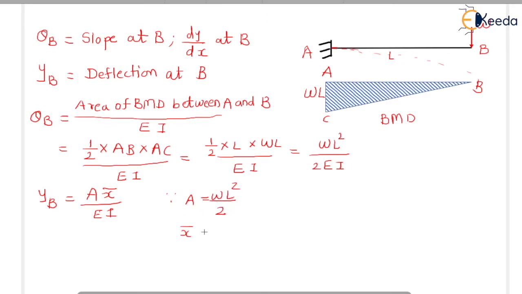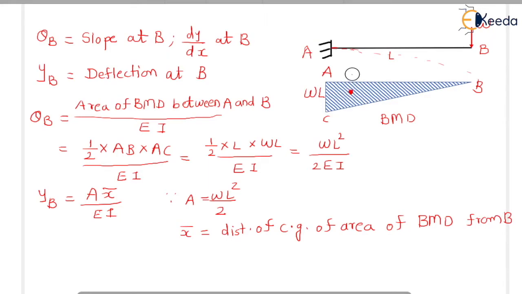What is the CG distance? It is the distance of the center of gravity of the area of the bending moment diagram from B. What is the distance from B?